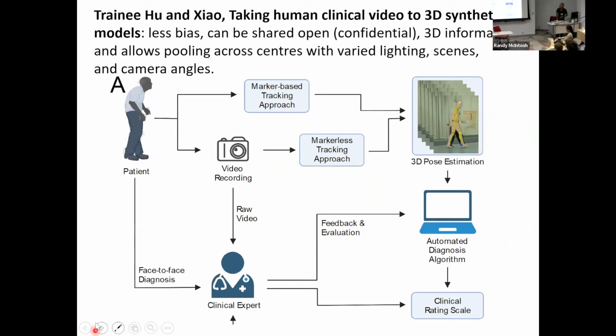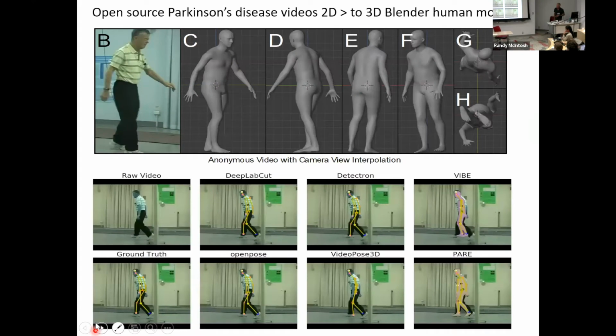We also think synthetic models would be a great tool for really any human behavior. We like the idea of capturing human pose using a synthetic model. This is a paper that we have that just came out in the Journal of Parkinson's Disease. I guess it's still in press. We found it very difficult to get any open source video data of patients.